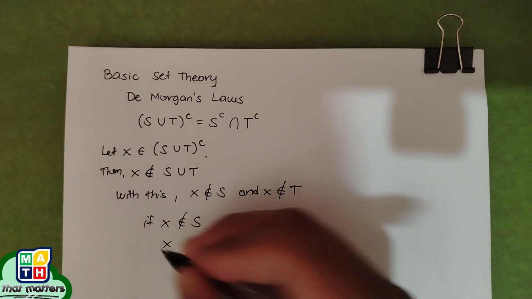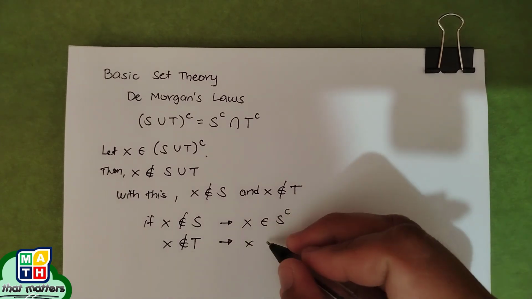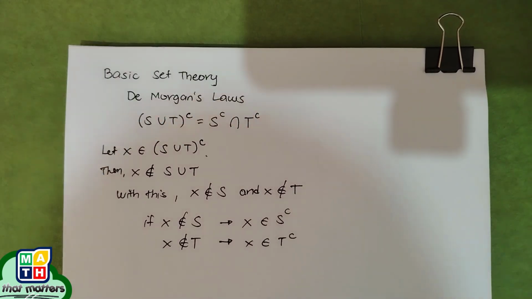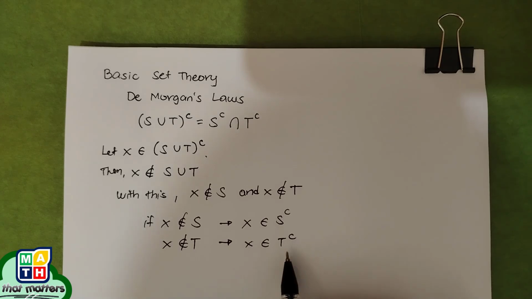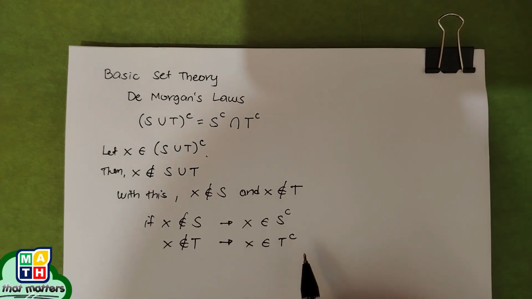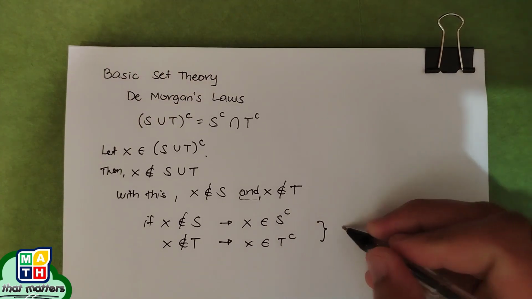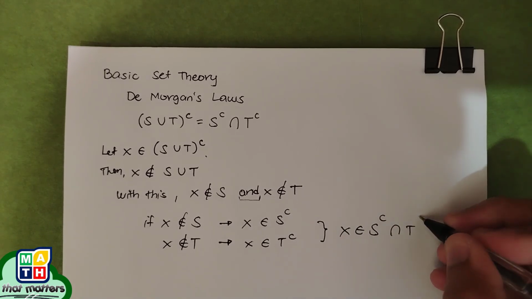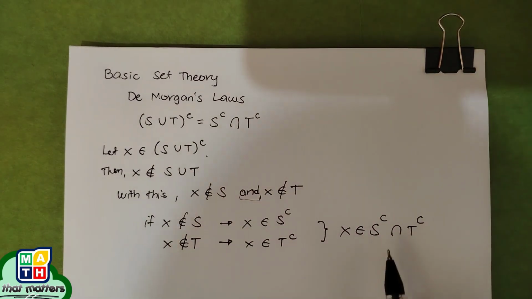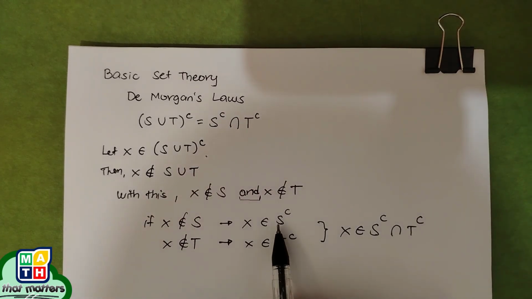This is also true that if x is not an element of T, this would imply that x is an element of the complement of T. Since x is an element of the complement of S and the complement of T, and x is found in both, and we have the conjunction "and", this would only mean that x is an element of the intersection of the complement of S and the complement of T. Because if it's found in both complements, it should also be found in the intersection.